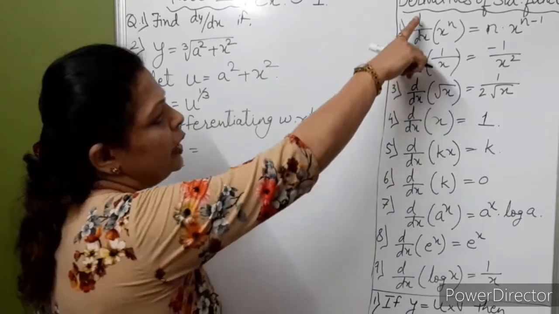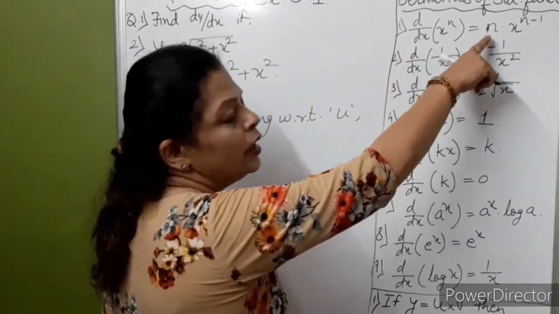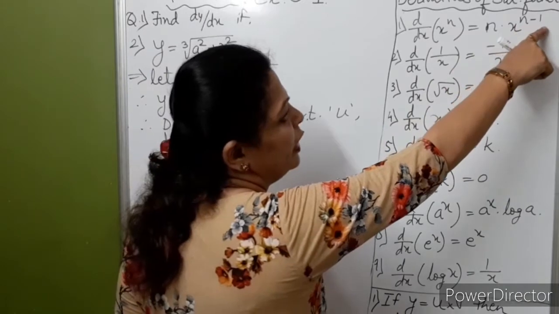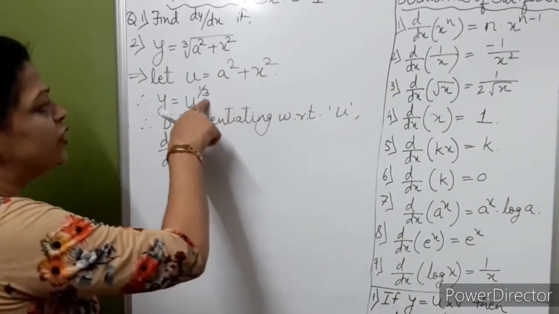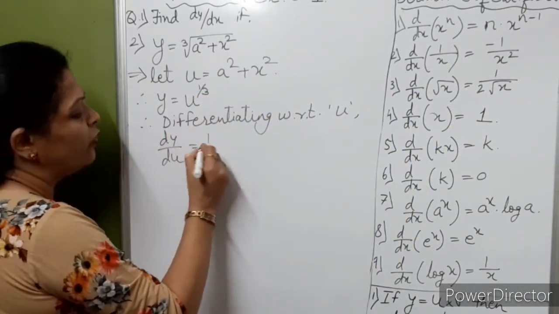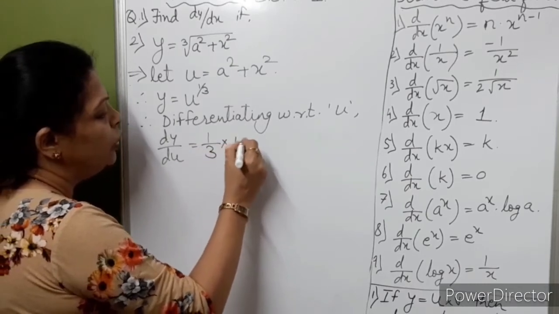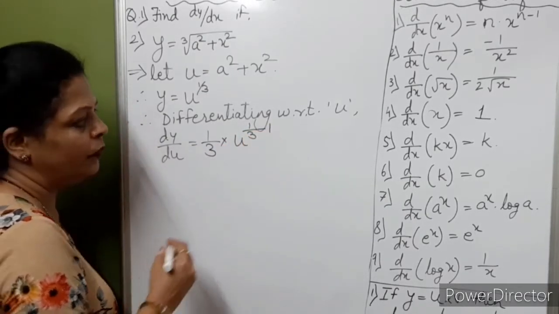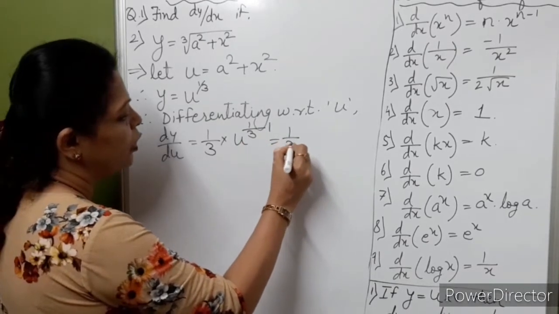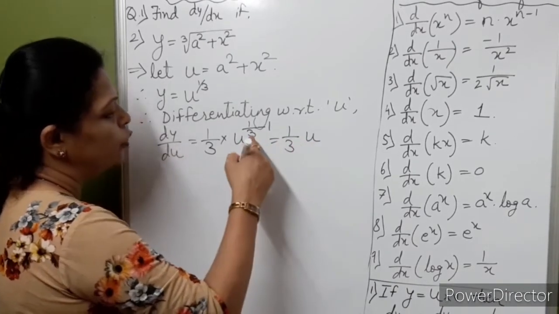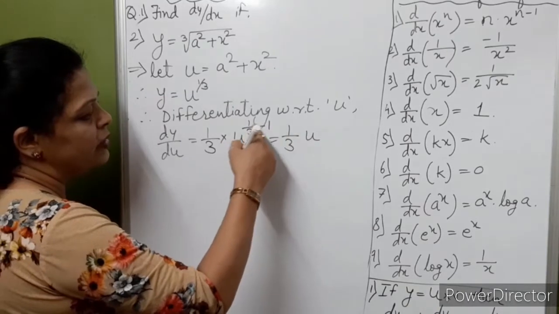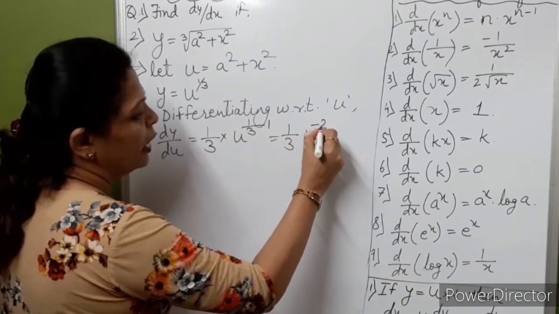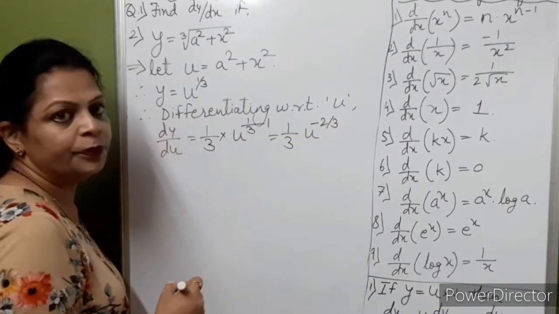See, what is your formula? d dx of x raised to n is n into x raised to n minus 1. So over here n is 1 by 3. So you will get 1 by 3 into u raised to 1 by 3 minus 1. So that is equal to 1 upon 3 u raised to, see, 1 minus 3, that is minus 2, so minus 2 by 3.